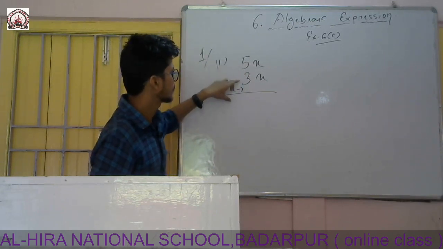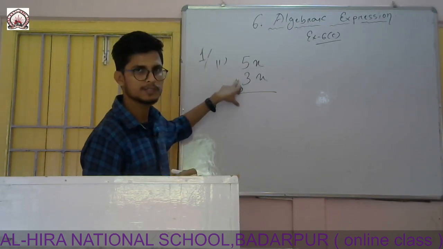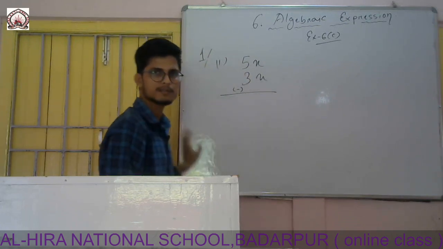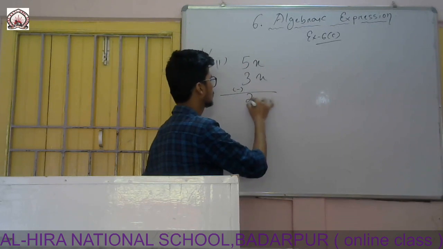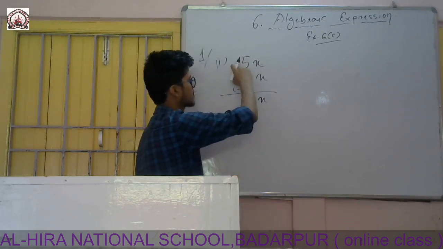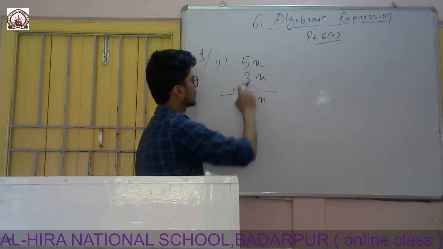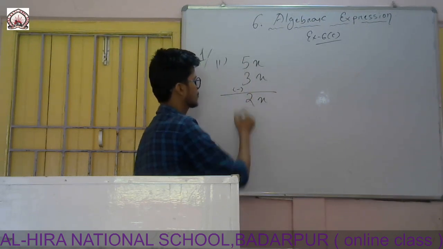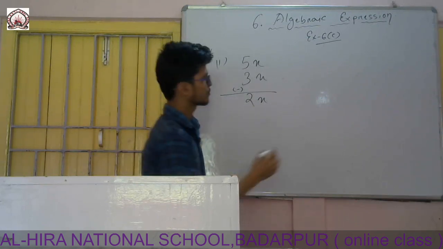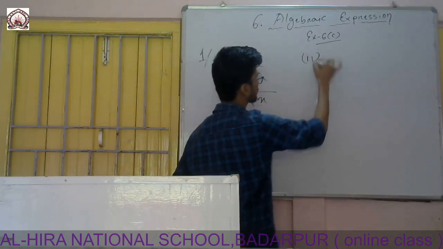So simply we change the sign of the lower number. Plus, minus, it will be minus. 5 minus 3 is 2 and the variable is x. The sign of 5 is plus, the sign of 3 is negative, and 5 is greater, so we will write plus 2x. No need of giving plus signs, conventionally we don't write them.